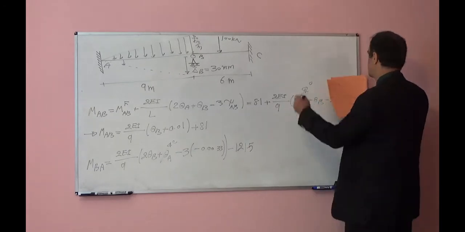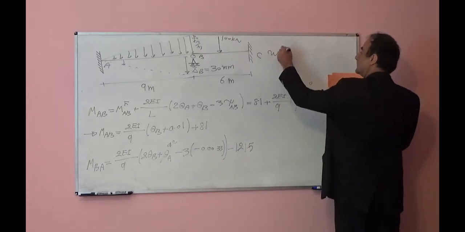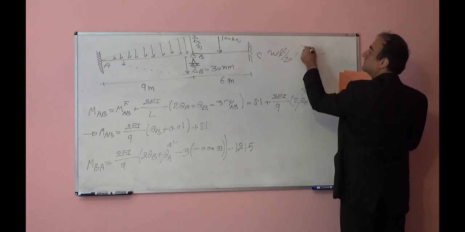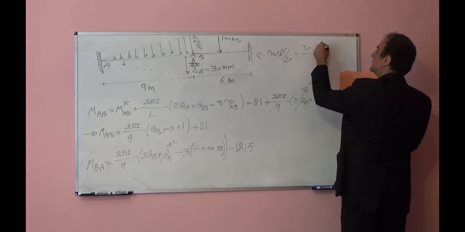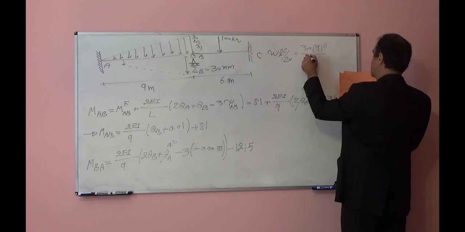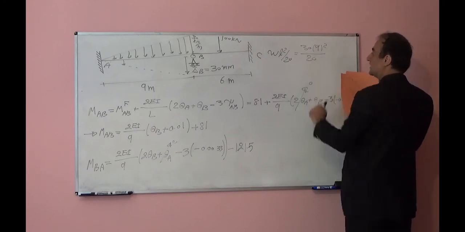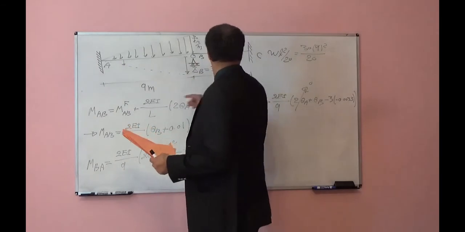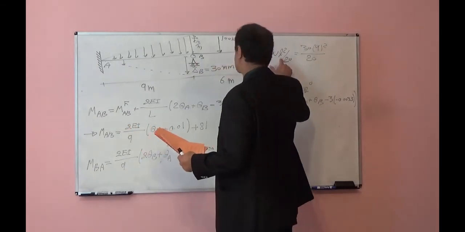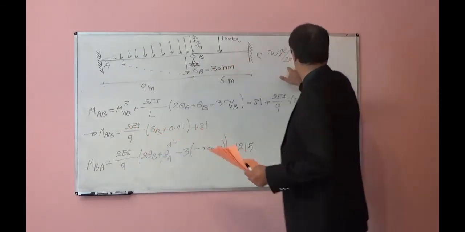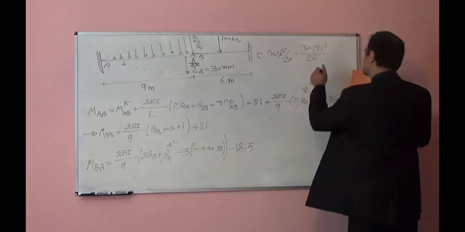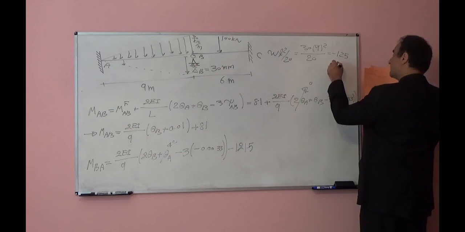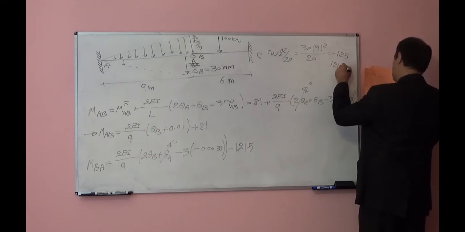So of course you can double check. W L squared over 20, W is 30, L squared is 9 squared, over 20. So W L squared over 20 will be M fixed BA. W is 30, L is 9, squared over 20. See, the answer is either negative 125 or 121.5.